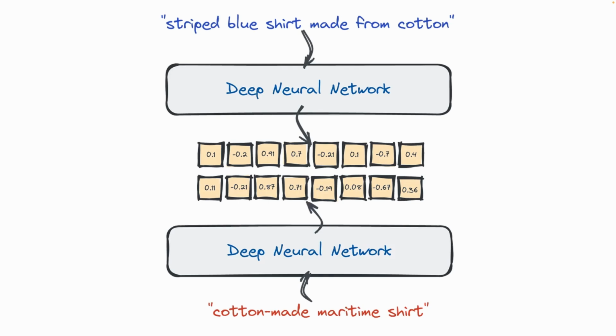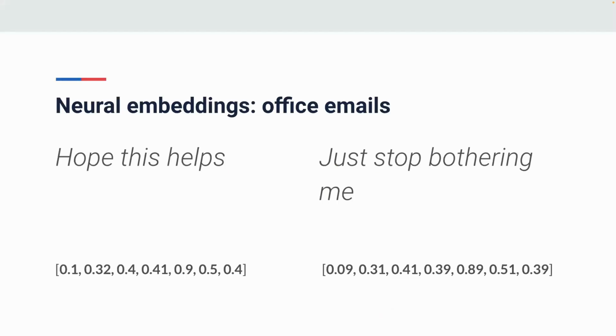And in this numerical, vector representation, we can then perform different operations. Here is an example: no words overlap whatsoever, but the sentences are very simple to us.